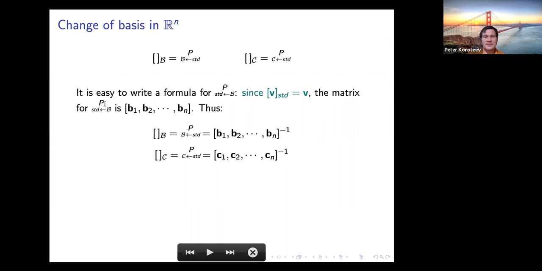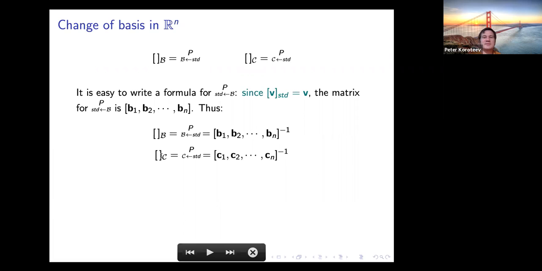Because the matrix of B into standard is formed by columns b1 to bn. Therefore, to find the other matrix, we need to take the inverse of that, right? So this guy is the change of basis from standard into B. And according to our rule, you just need to take this matrix and invert it.